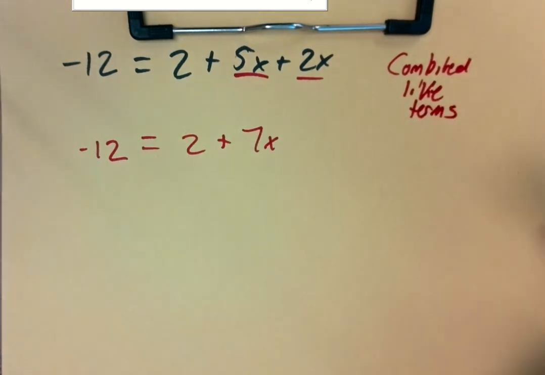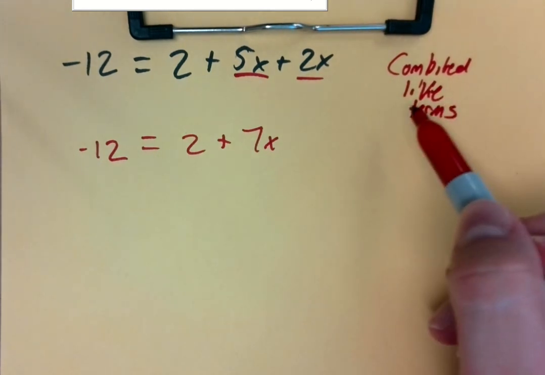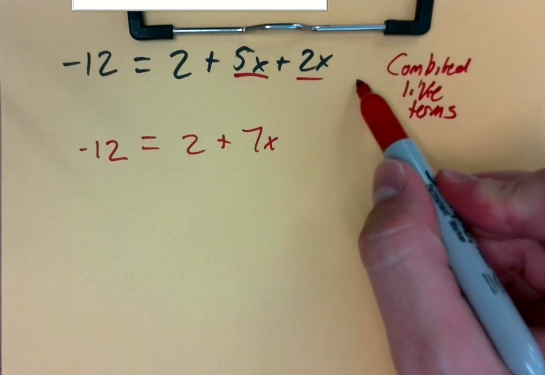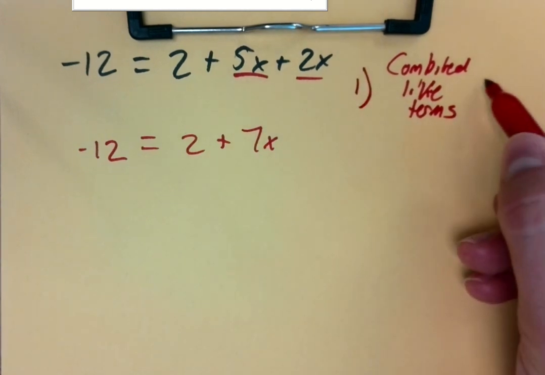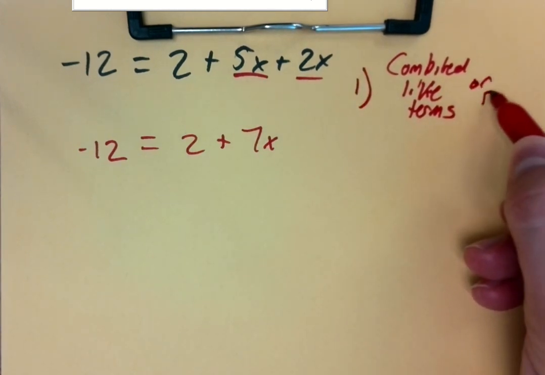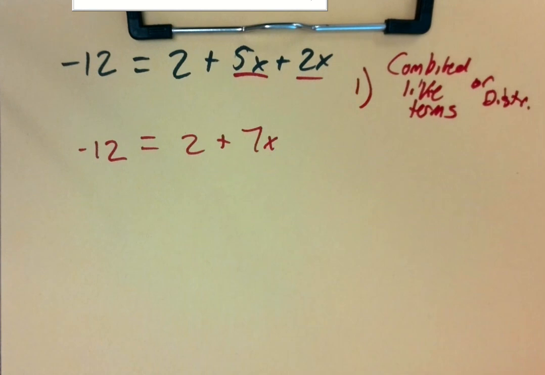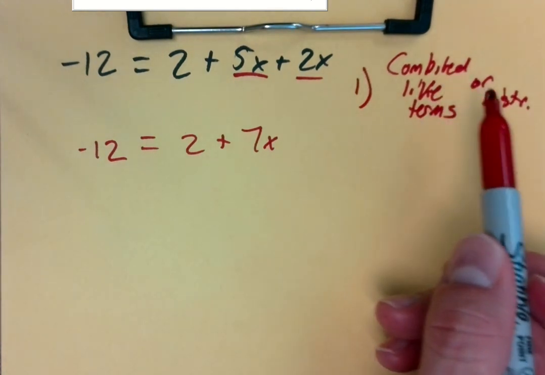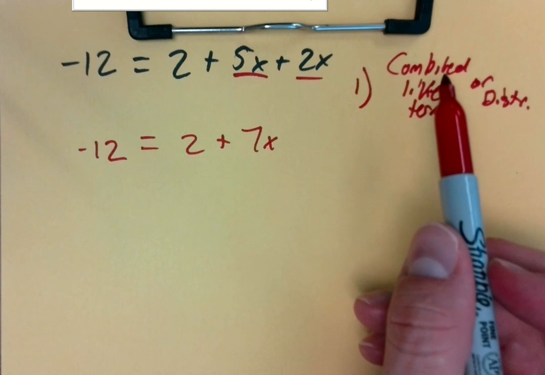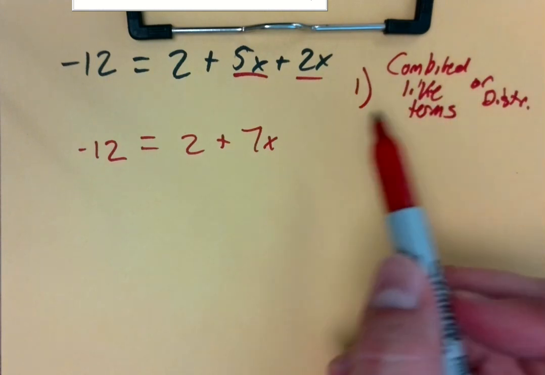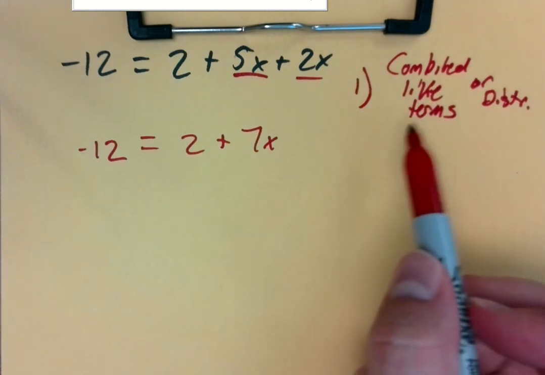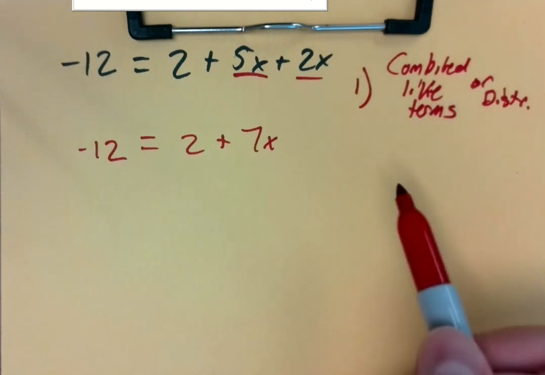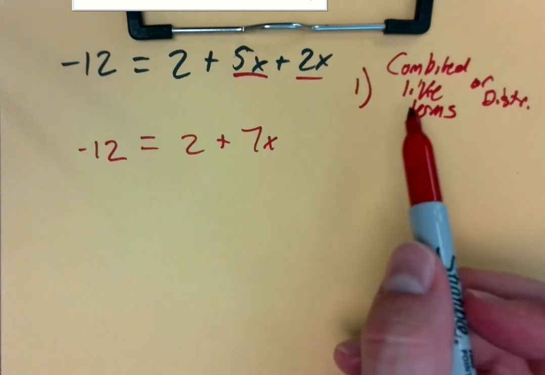And I'll say, if you can combine like terms, that should always be your first step. That or distributing. And I'm just going to put kind of abbreviation there. So the first thing you want to do is, if you can, distribute and combine like terms. That's always kind of your first step when you're solving an equation. And sometimes you don't have to do that at all, so you may not even have to do this. That's generally the first thing I do.